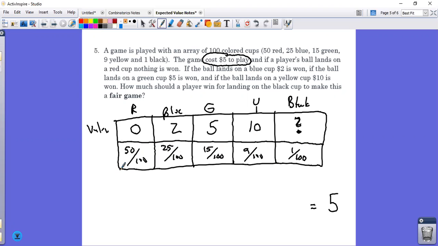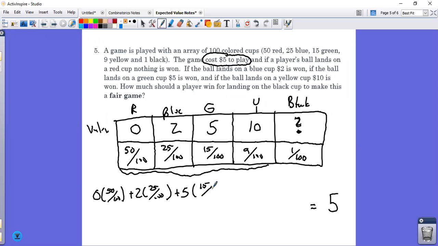So I want to go ahead and do these first. The 0 times 50 out of 100, which of course is just 0, plus 2 times 25 out of 100, plus 5 times 15 out of 100, and 10 times 9 out of 100, right? And then there's something else going on before it equals 5, but let's just get that first.